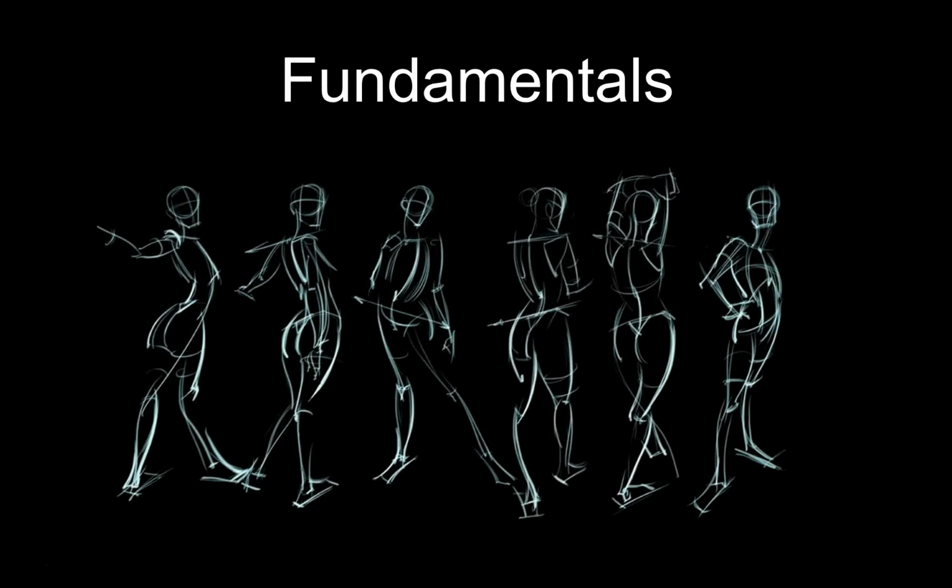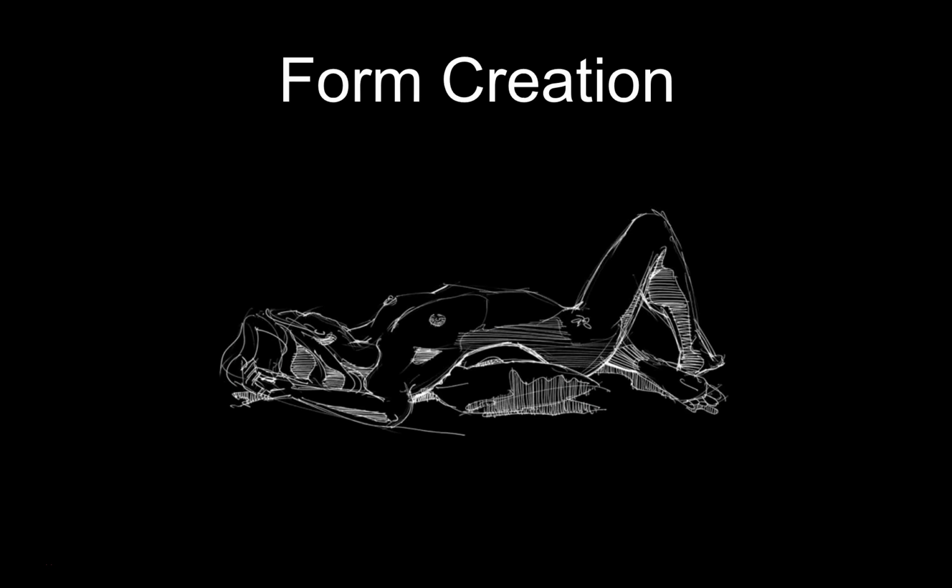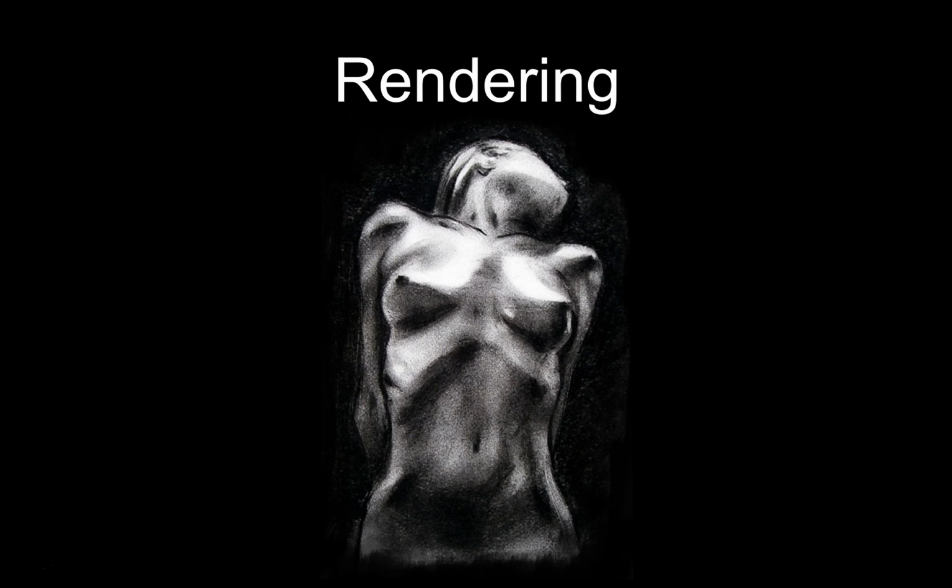These are 30-second sketches that will transform into this, that will then, after 5 minutes, transform into this, and this will be a half-hour rendering. And then once you've got this finished, you go all the way back to this and you figure out a way to simplify this.